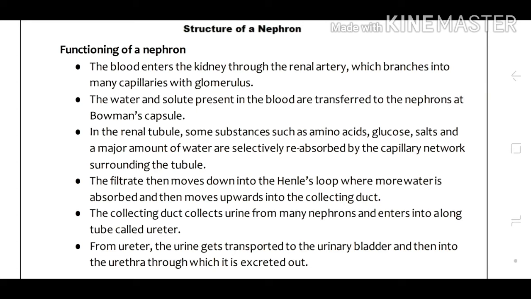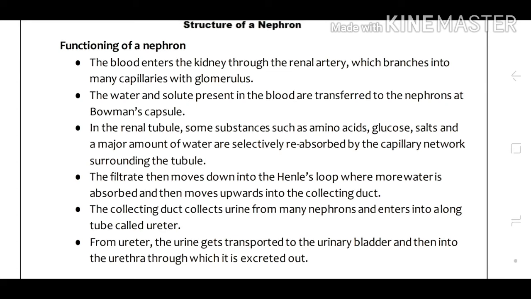The filtrate then moves down to the loop of Henle, where more water is absorbed, and then moves upwards into the collecting duct. The collecting duct collects urine from many nephrons and enters into a long tube called ureter. From the ureter, the urine is transported into the urinary bladder and then into the urethra, through which it is excreted out.